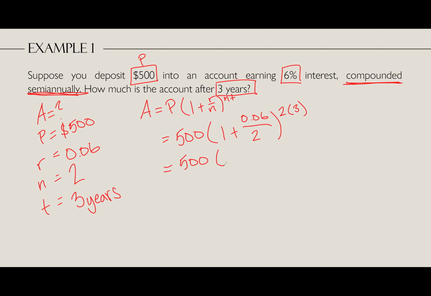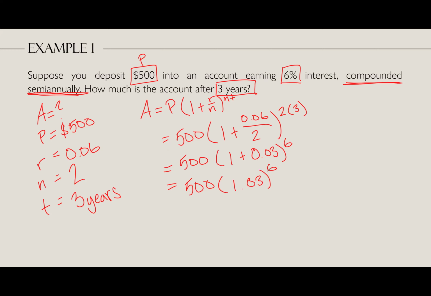I have 0.06 divided by 2. That gives me 0.03. To the power of 2 times 3, we have to the power of 6. And now I can write this as 500 times 1.03 to the 6th power.